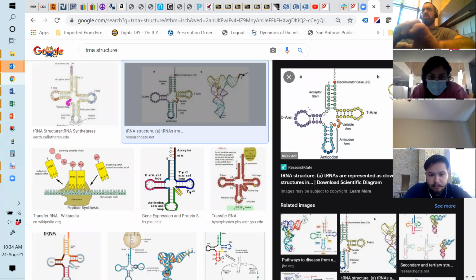Actually, I think these might be part of how the amino acid gets added to the end up here. I'm not 100% sure though. But yeah, the shape that RNA forms is really important. And actually we'll be looking at that. Bacteria use that as a means to control gene expression.